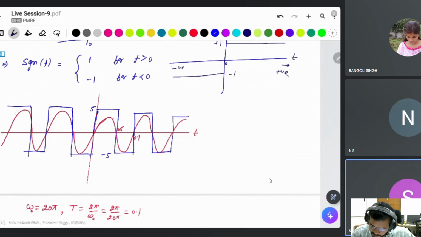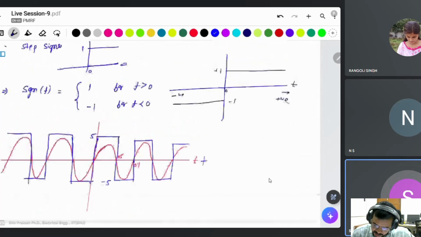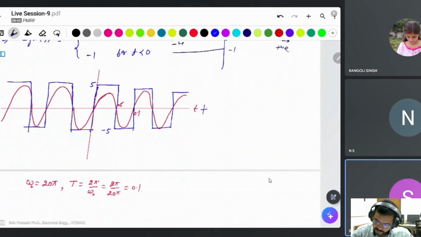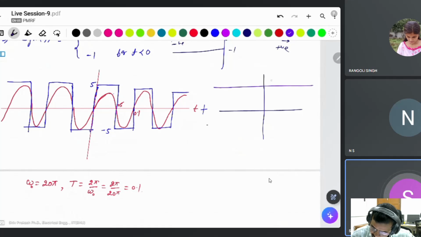Okay, but there is another term also, which is 5. You have to add 5 to this signal. This is the 5. If you add 5, then you can see here this negative 5 will be at 0. The whole function is shifted upward.